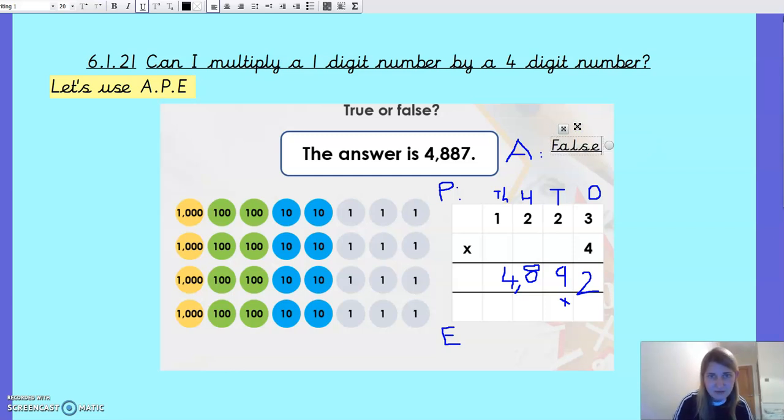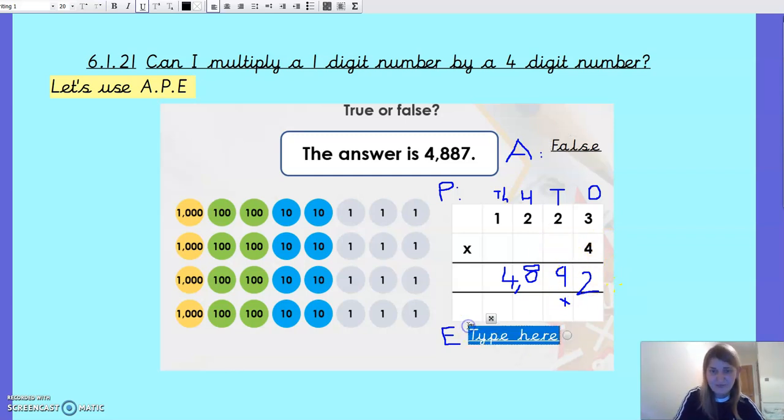Now, looking at this, I'm trying to see where the person that did this has gone wrong. They are 5 away from the correct answer. So I wonder whether in the ones they might have added 3 and 4 instead of multiplying them. The rest of it all looks right to me, but if they added those, they wouldn't have carried and they wouldn't have got that.